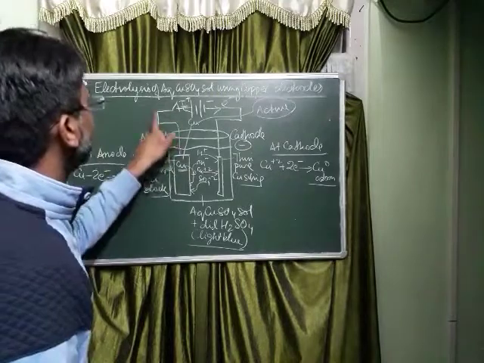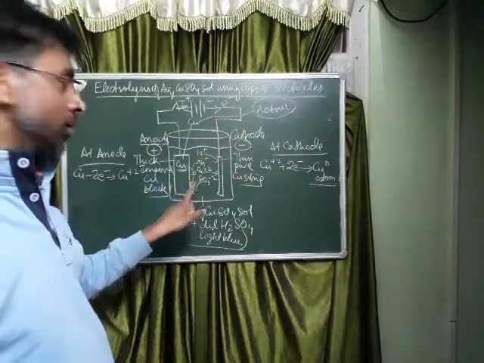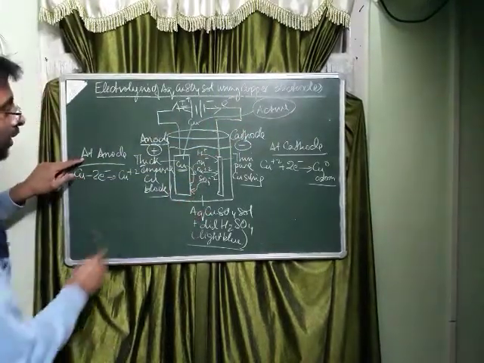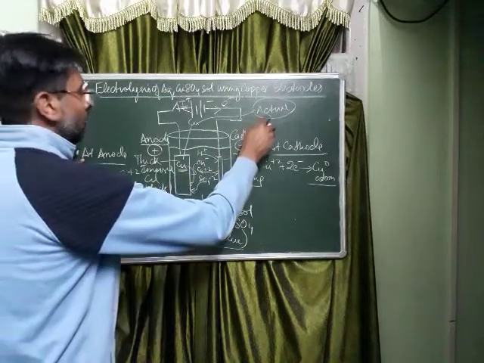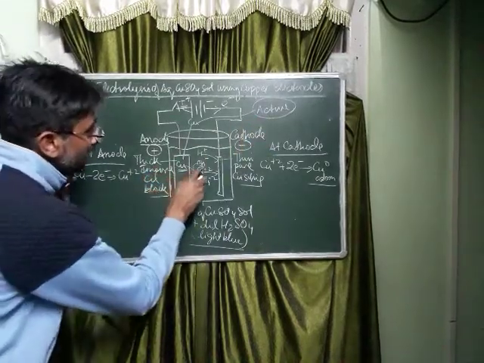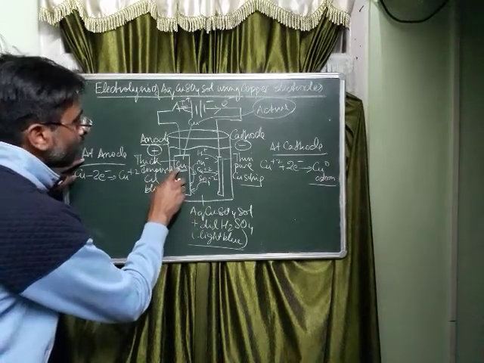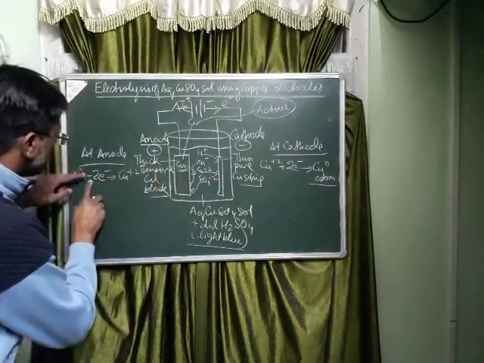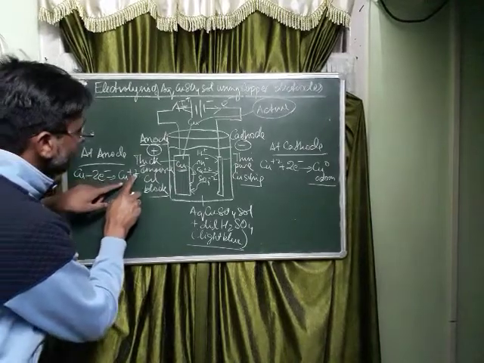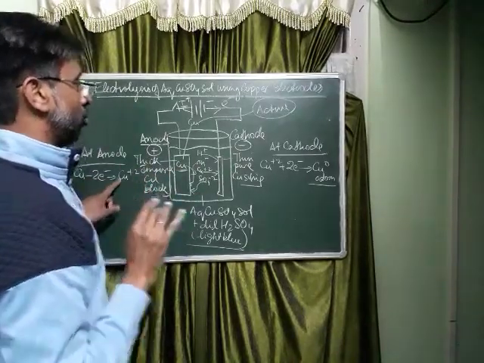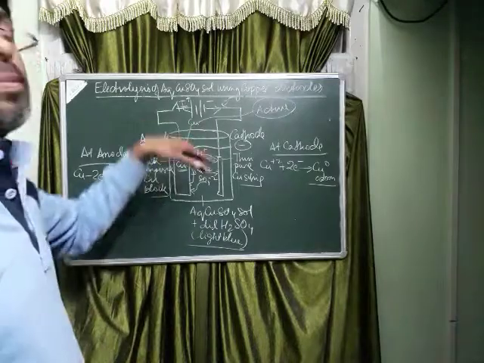The electrons complete the circuit. So at the anode, the active electrode made of copper prevents these ions from discharging, and then this copper atom on the anode loses 2 electrons and forms copper ions and enters the solution. So this is slightly different from the previous example.